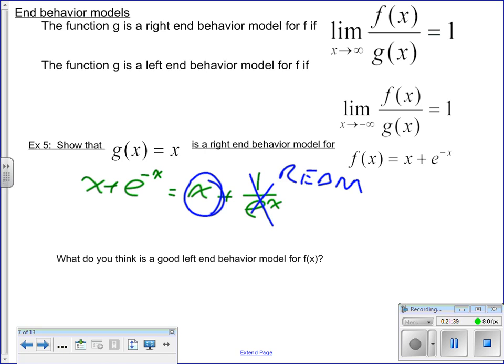If you graph this and that, they become the same thing essentially very quickly, as a matter of fact. So I can use x to analyze x plus e to the negative x power for extremely large values, because they're almost the same thing. When we're talking millions, they're essentially the same thing.